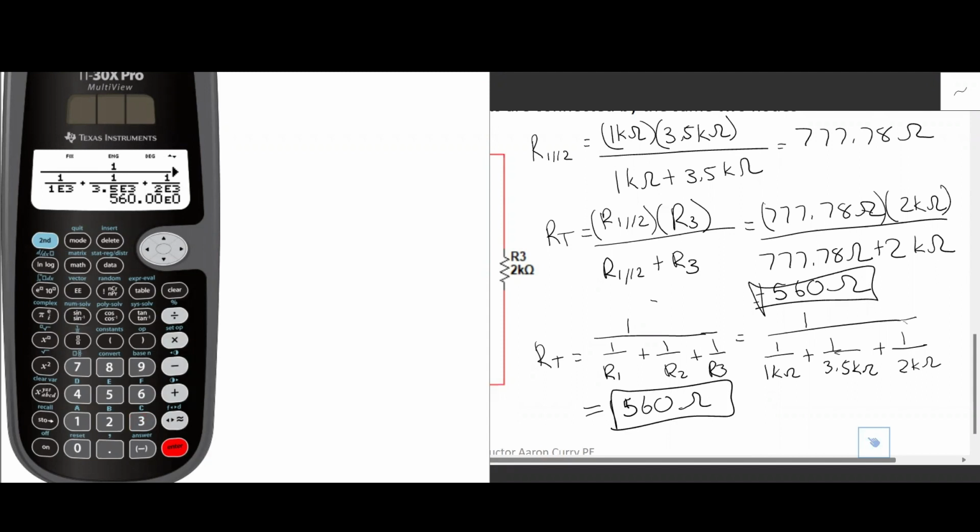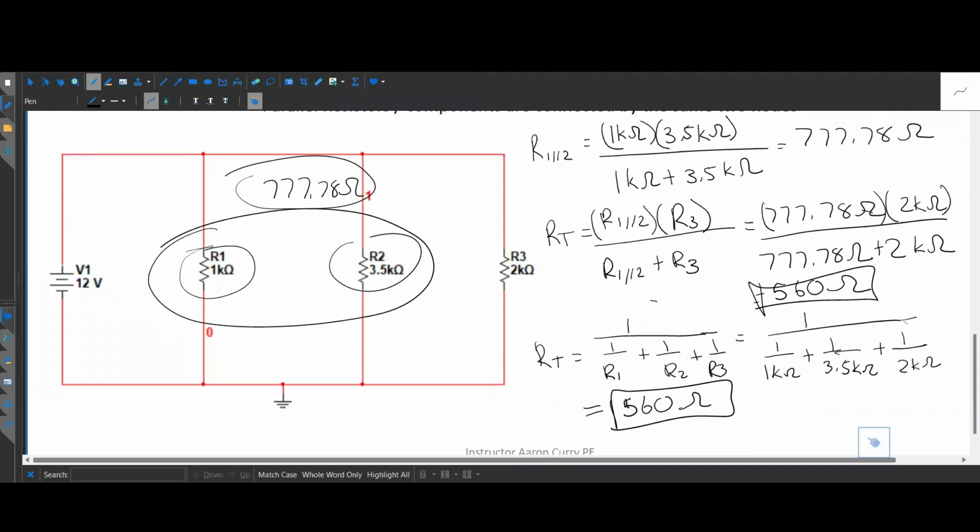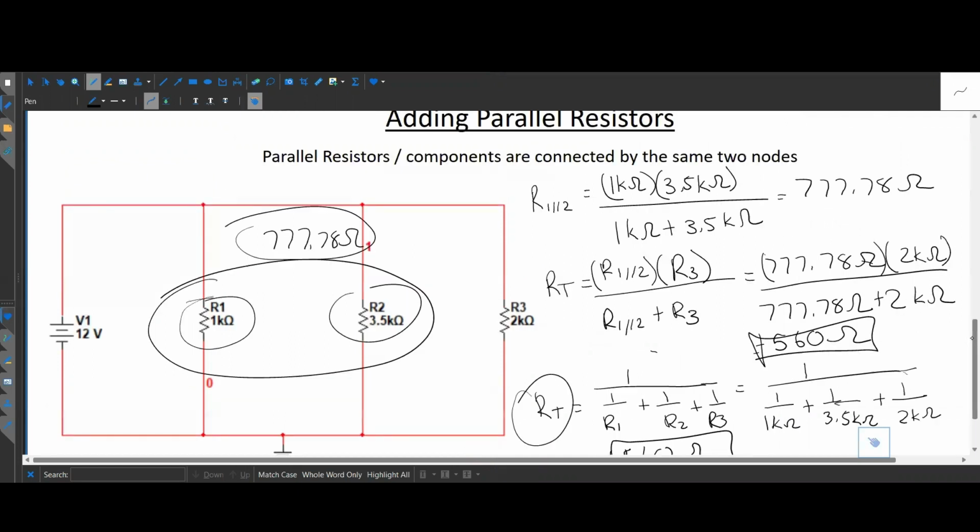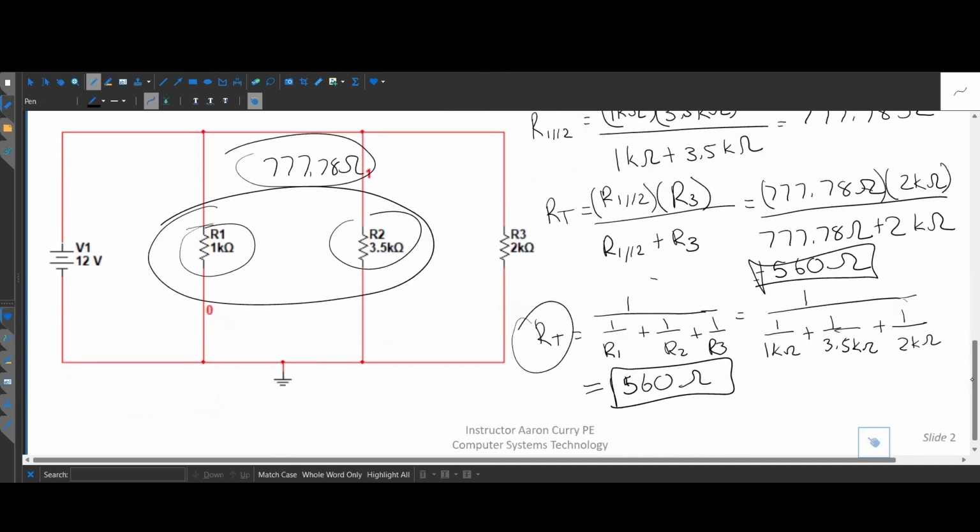So when you're looking at the two methods, they have their advantages. I tend to gravitate towards the second one because you only have to memorize one equation and how to apply it. I still use the first one from time to time on simple circuits that have only two resistors. But if I was you, I would get in the habit of using the second one.